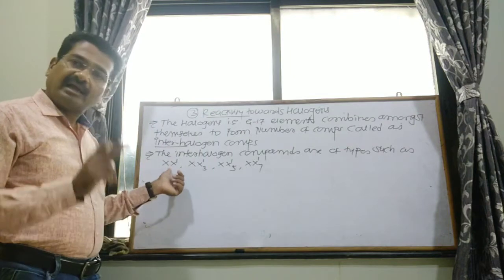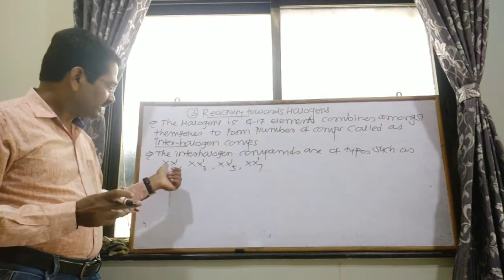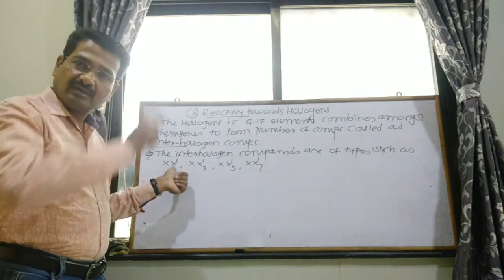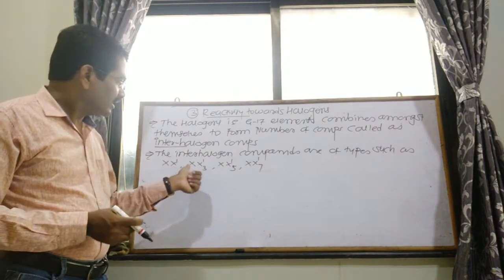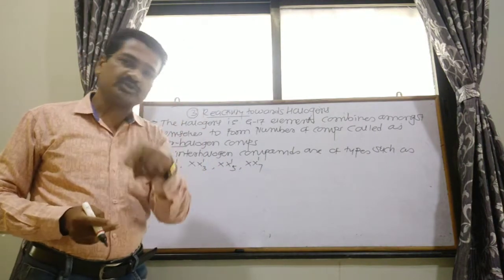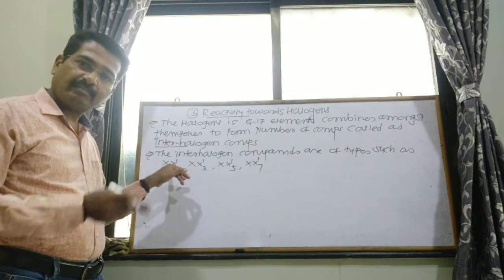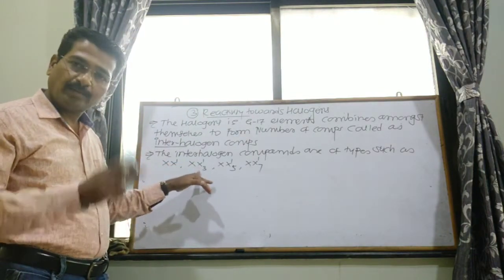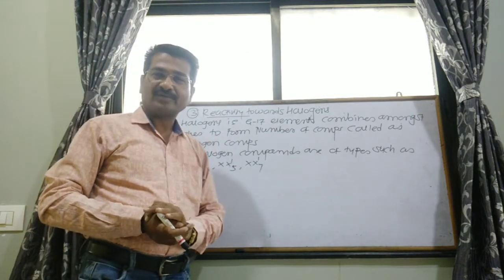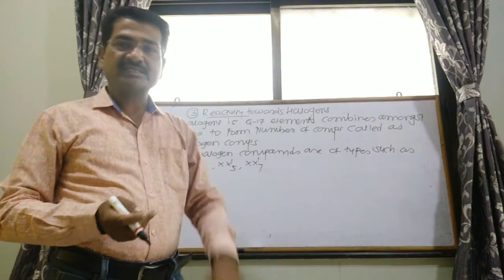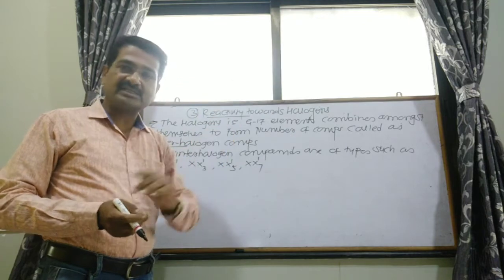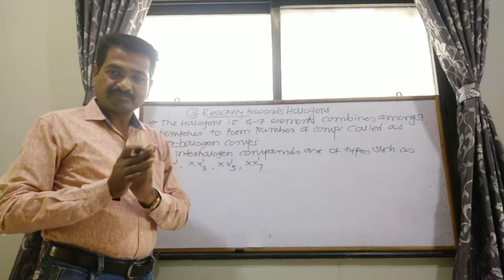Depending upon that, halogens can form interhalogen compounds. XX' is formed with -1 oxidation state, or +1. XX'3 is formed due to +3 oxidation state. XX'5 is formed due to +5 oxidation state of halogens. XX'7 is formed due to +7 oxidation state.